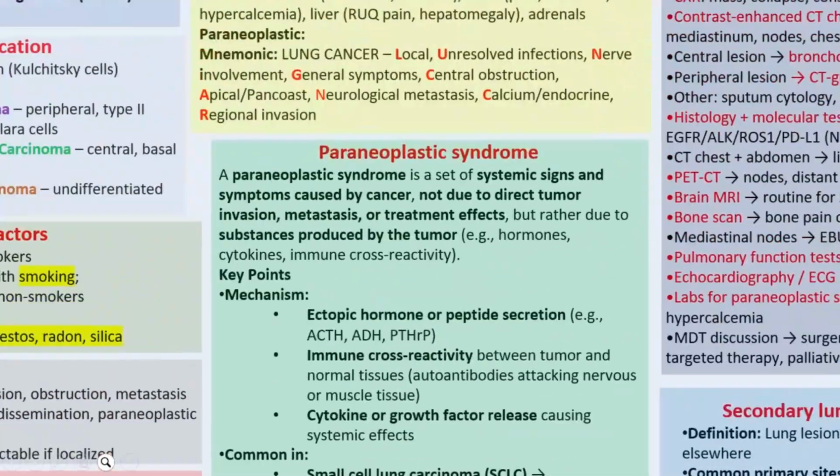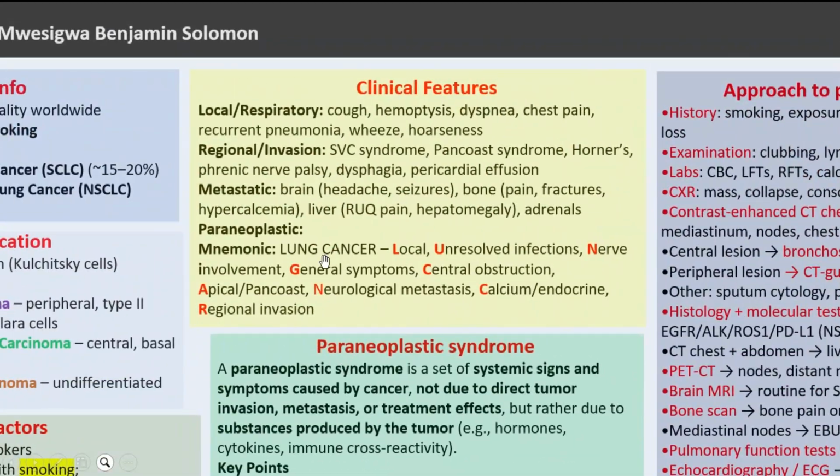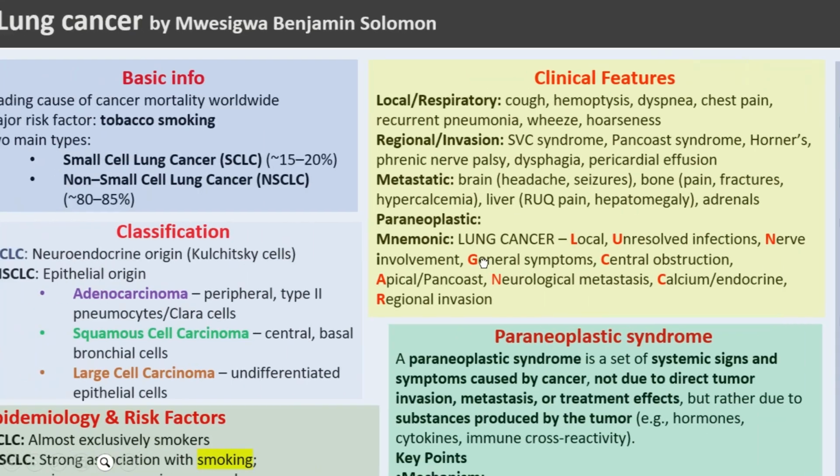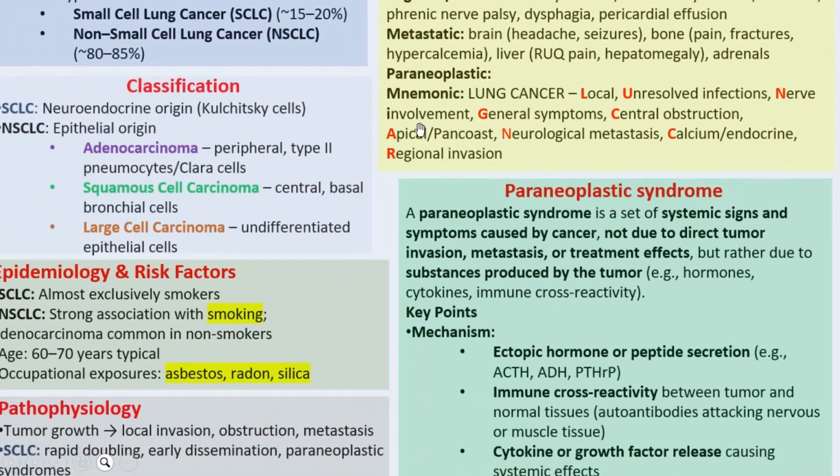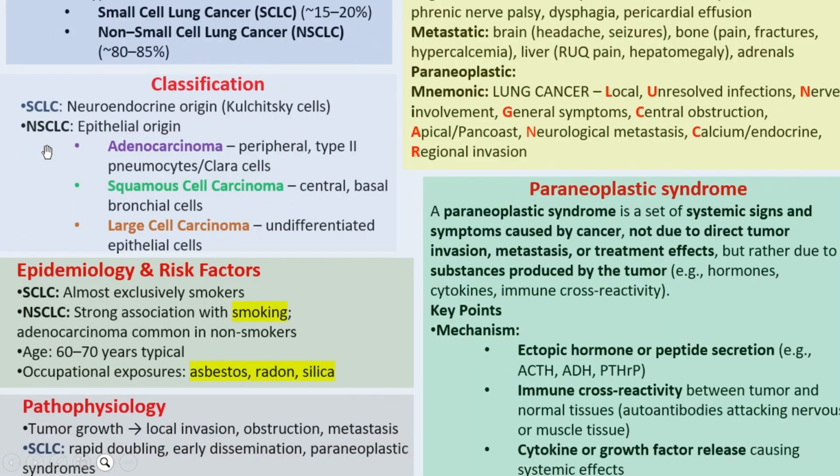One thing you should notice is that among non-small cell lung cancers, adenocarcinoma is the one encountered most of the time. And when you compare non-small cell to small cell, small cell is less frequent.